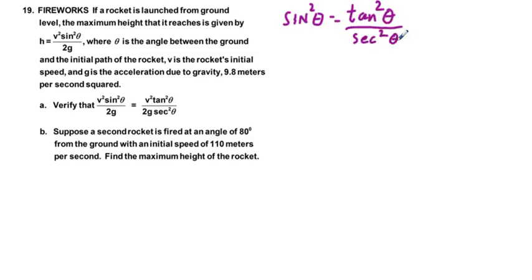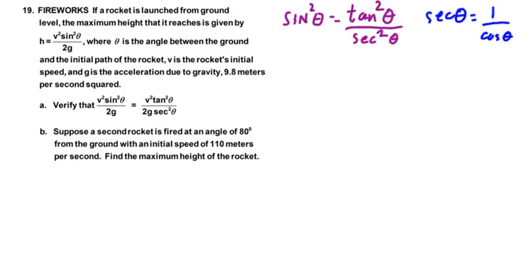What I did yesterday when I tried to work this out is I used the Pythagorean identity with the secant squared theta in the denominator. But I think it works out a lot easier if we go back to the reciprocal identity that secant theta is equal to 1 over cosine theta.